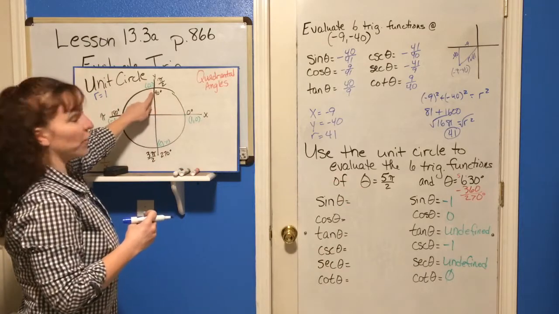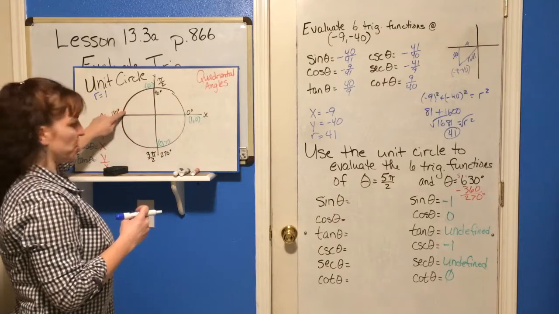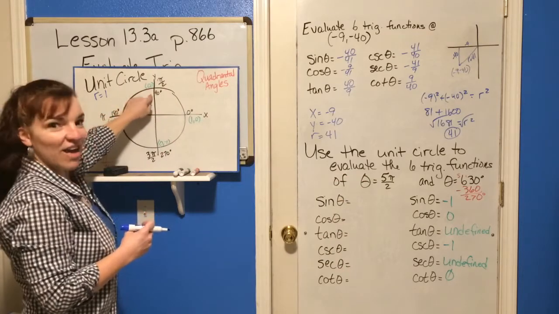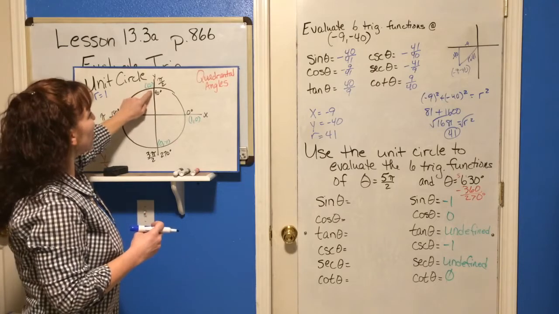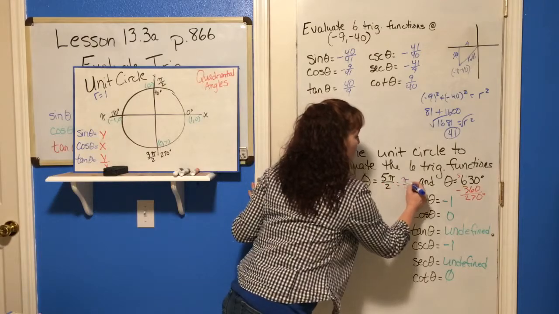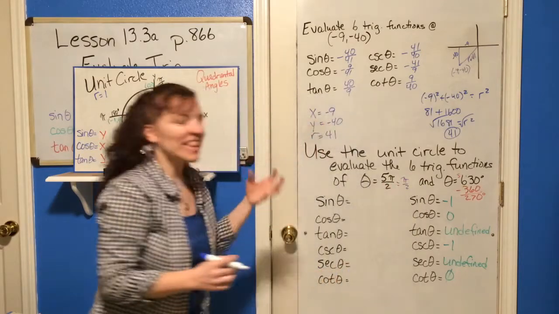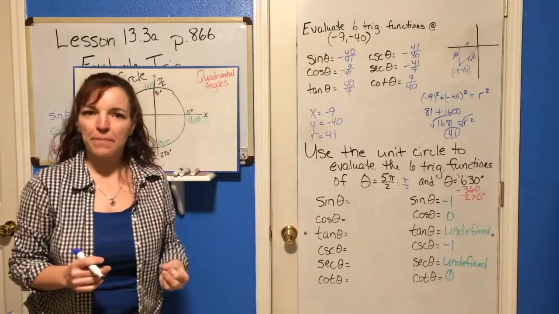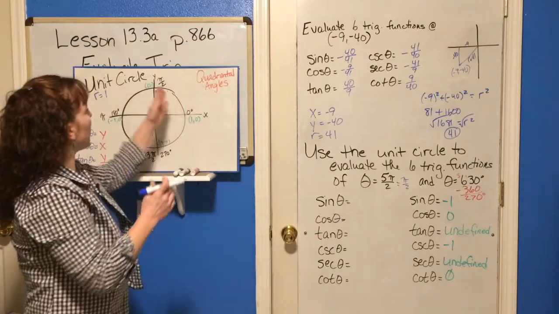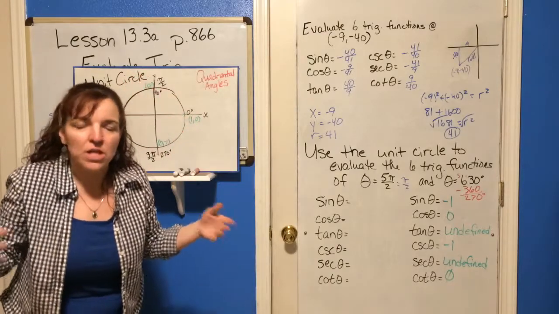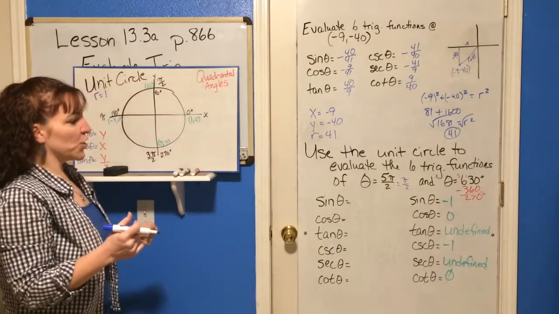Here's 1 pi over 2, 2 pi over 2, 3 halves, 4 halves, 5 halves. So 5 halves gets you right back over to pi over 2. It's going to end at the same place, so their trig functions are going to be the same. So we're looking for pi over 2, and now once we know where it is that we're talking about, we simply figure the trig functions.